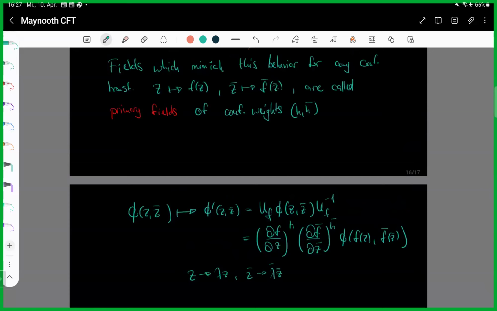That's what I mean by mimicking. You have a scale factor which is raised to some power h, and likewise for the anti-holomorphic sector. And the space-time argument is also shifted. So that's what's happening. And maybe a closing remark.